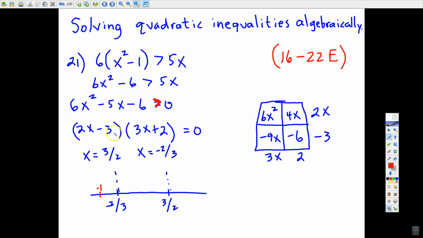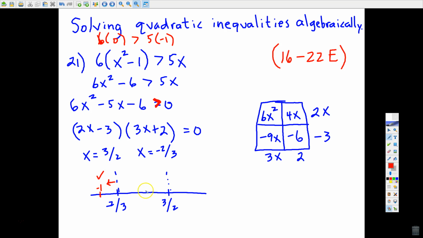I'm going to go to the original, and let's see what we get. 6 times negative 1 squared is 1. 1 minus 1 is 0. And is that greater than 5 times negative 1? Is 0 greater than negative 5? Yes. So what we've proven is that all the numbers that are less than negative 2/3 are going to make this true. It will satisfy this inequality.